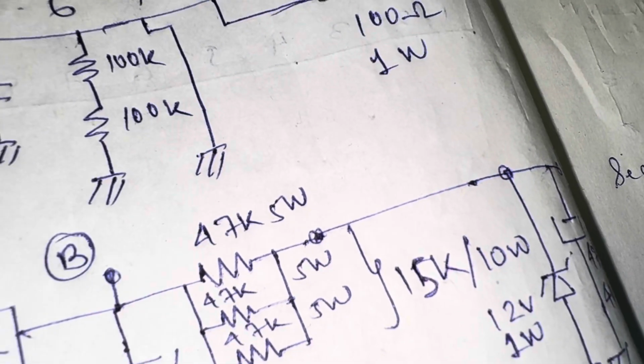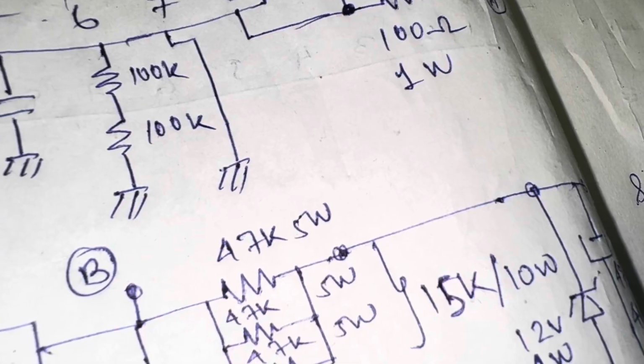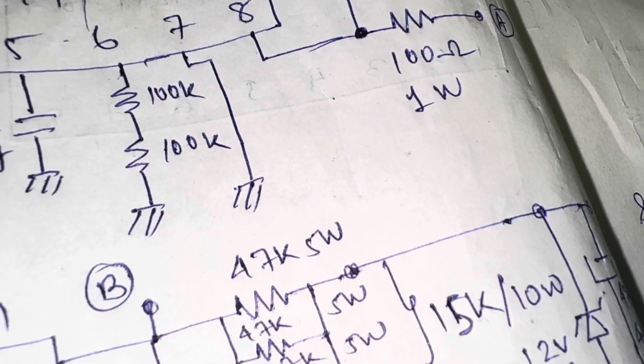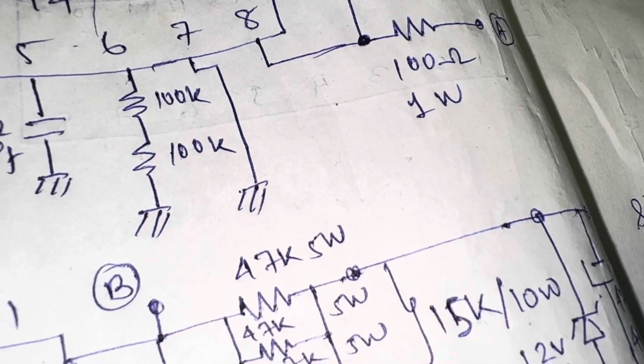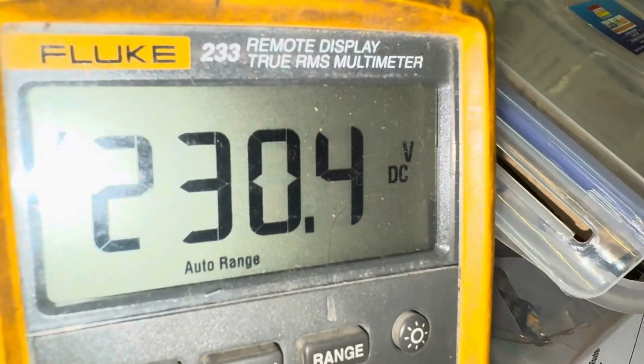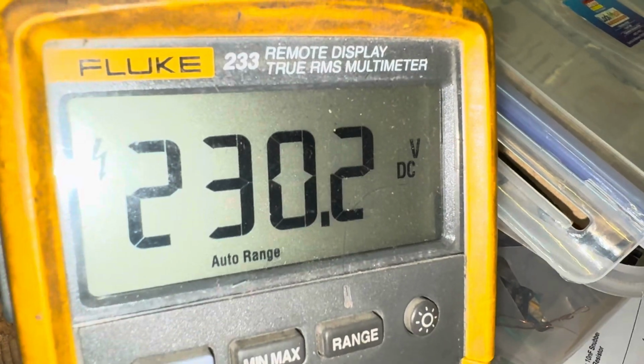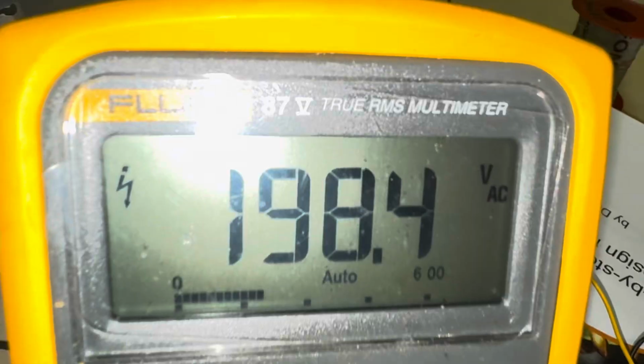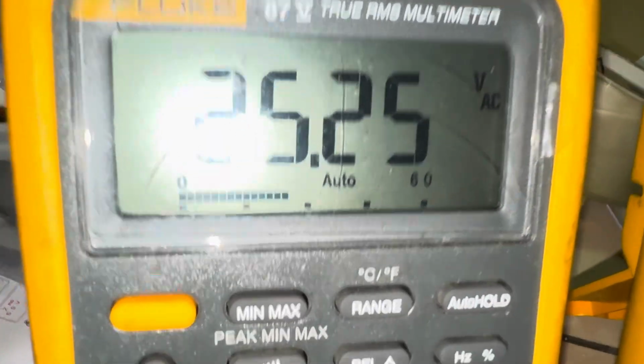Just a minute. I am reducing the voltage. So now here you can see the supply voltage is 230 volts DC. This voltage is fed to the transformer. You can see here the transformer primary is now 198 volts AC, and the output is 25 volts AC.